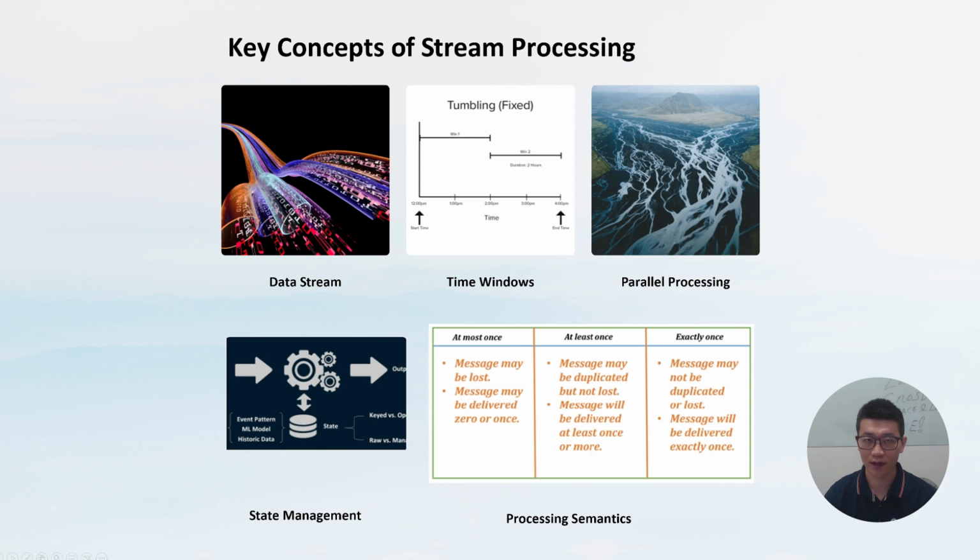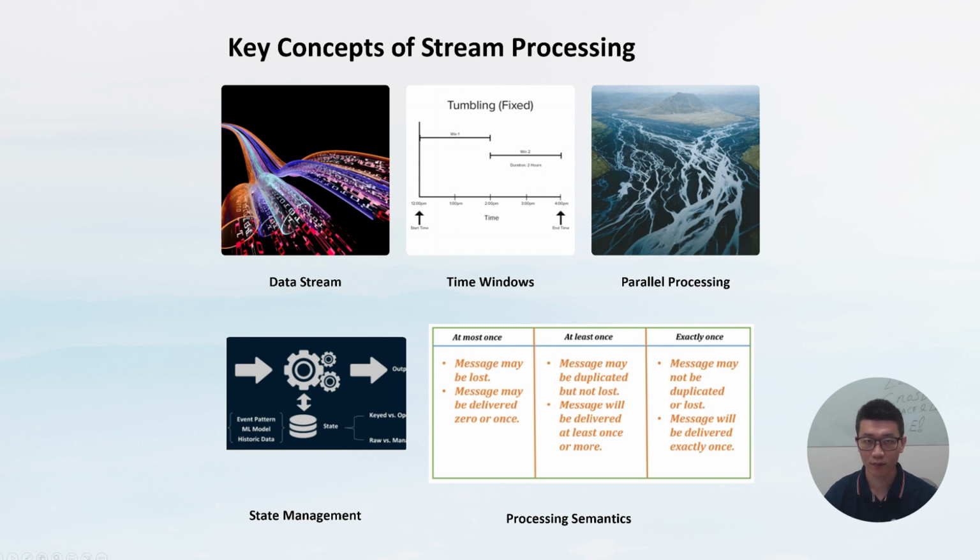There are various types of windows, but we will focus on time windows here because they are quite typical. A time window is essentially a fixed size subset of the data stream. However, a time window can also be dynamic, based on factors like the number of records or other criteria. The common types of time windows include sliding windows, tumbling windows, and others like session windows and state windows.